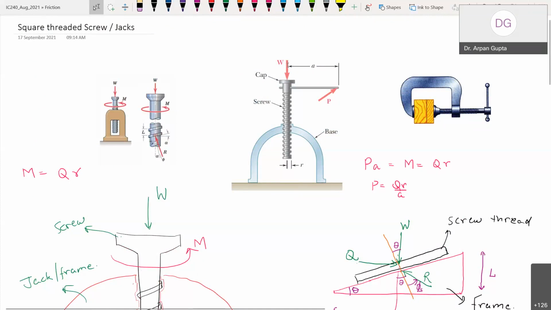Will the screw unwind itself and the car will come down, or will it stay at its own position?